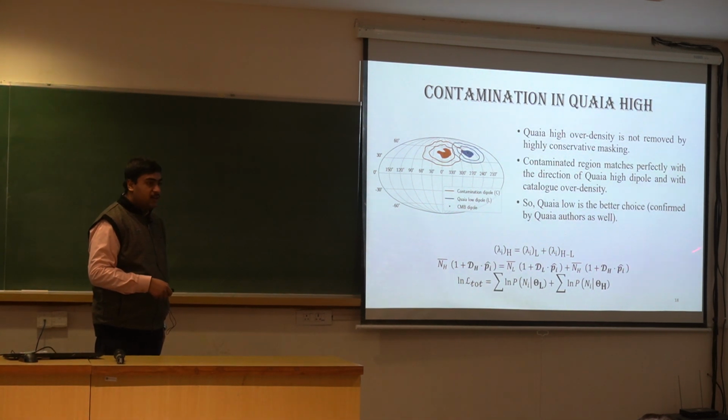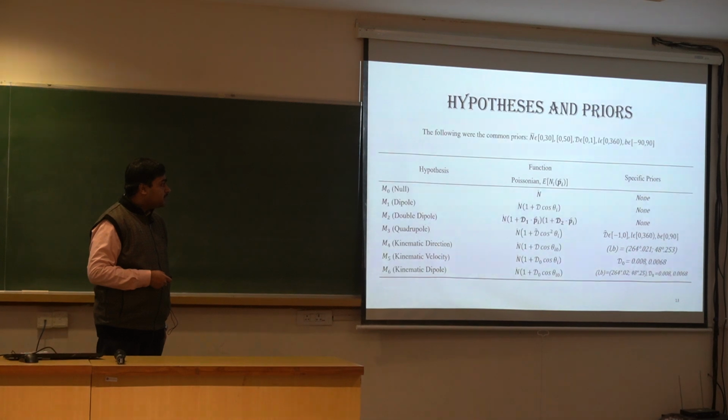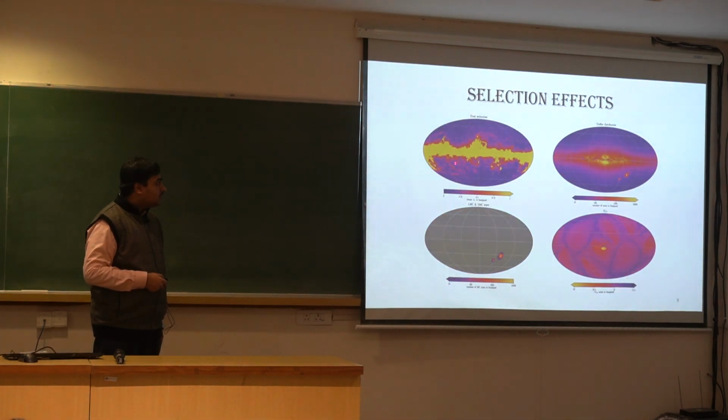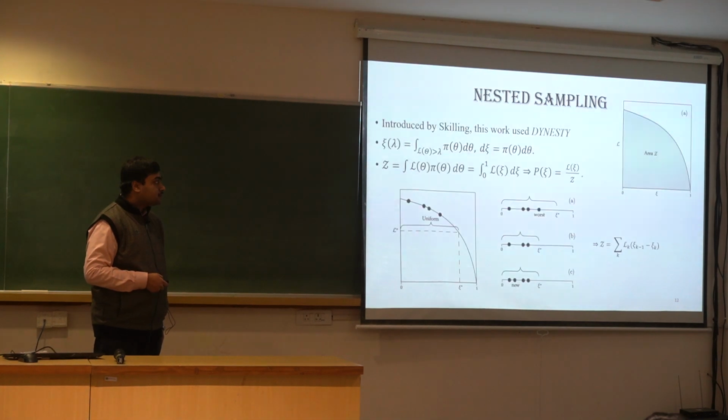And when we ran our analysis, we found out that contamination was present in this patch of the sky, which, as you can see in Quasar, is this region here. So what this means is that while constructing the selection function, these people had overestimated the amount of dust present around the galactic plane.